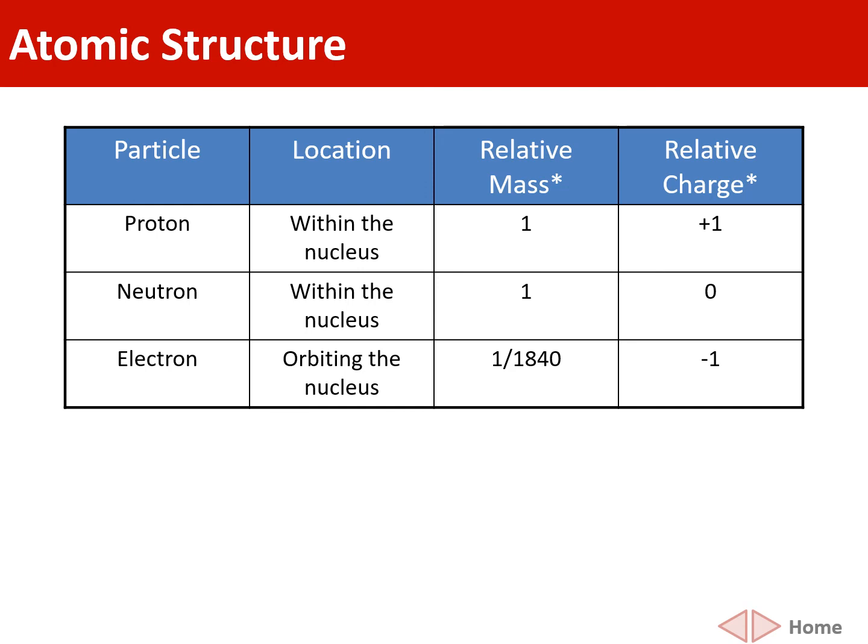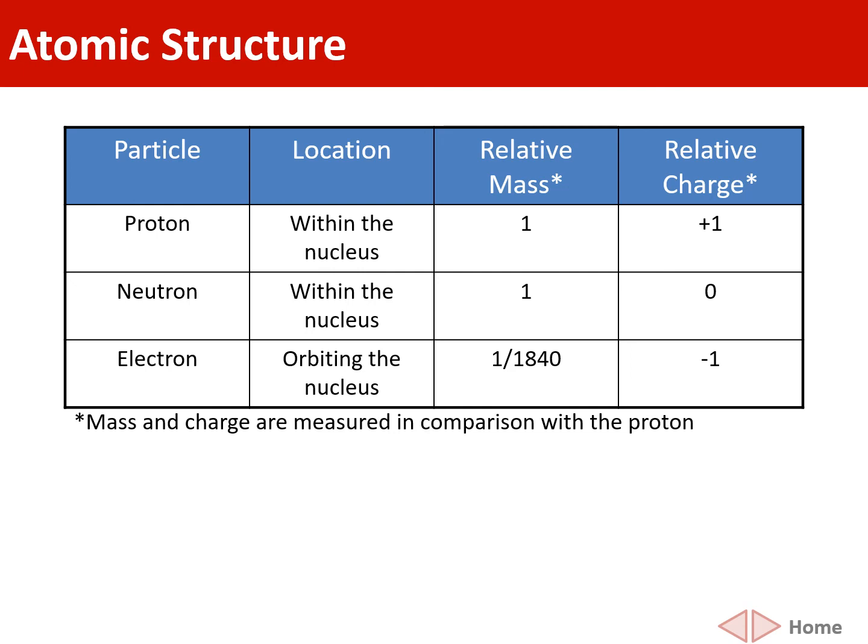We also know that the charge of the proton and the charge of the electron are equal but opposite, which is why we have a neutral atom. A neutral atom has the same number of protons and electrons. Neutrons do not contribute to the overall charge of the atom. These masses and charges are not using any particular units.